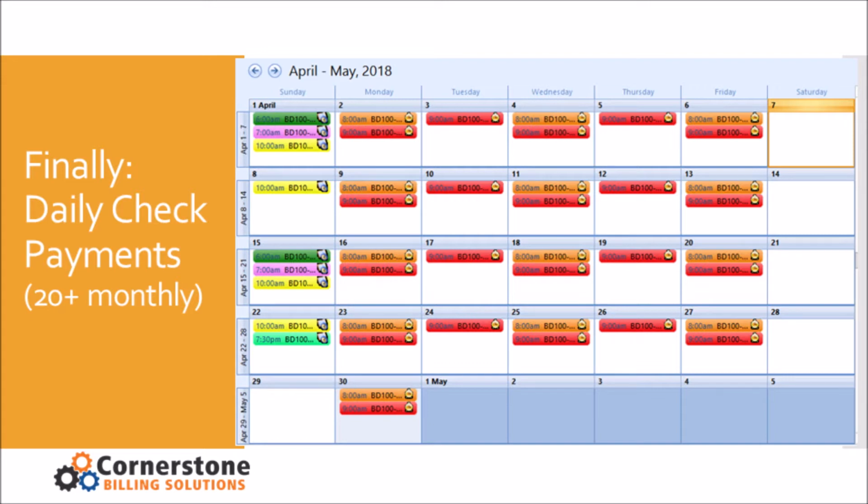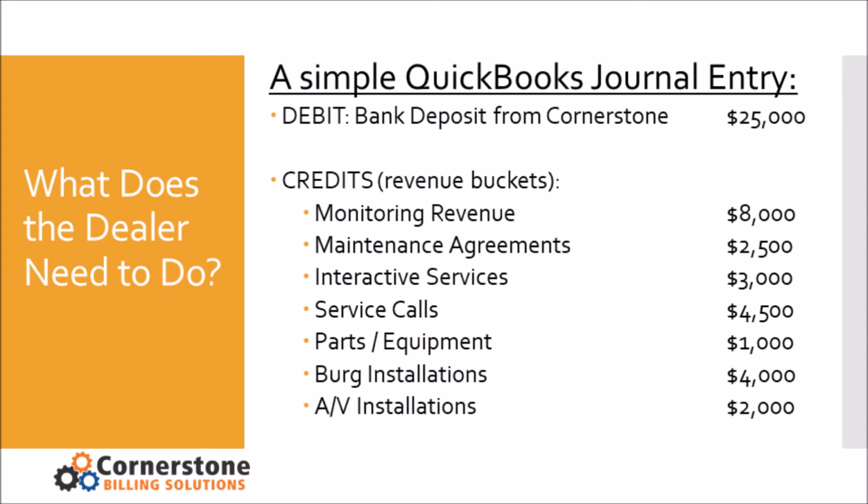So if you look at this screen, starting with a lonely single invoice batch in March, in the month of April, we Cornerstone are responsible for 40 to 50 batches of payments, and we do all of the accounting, the check and payment clearing, merchant account clearing, and all the accounting related to that. So our customer has a much simpler job. Our dealers have basically a journal entry to make in QuickBooks or whatever their GL accounting software is.